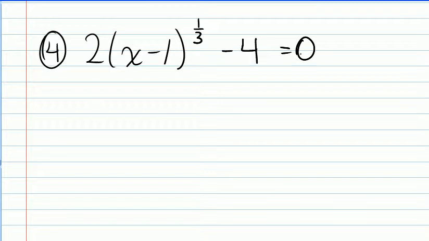So, it starts out the same way. The goal is to get the root by itself. The root is the parentheses with the exponent. So let's add 4.